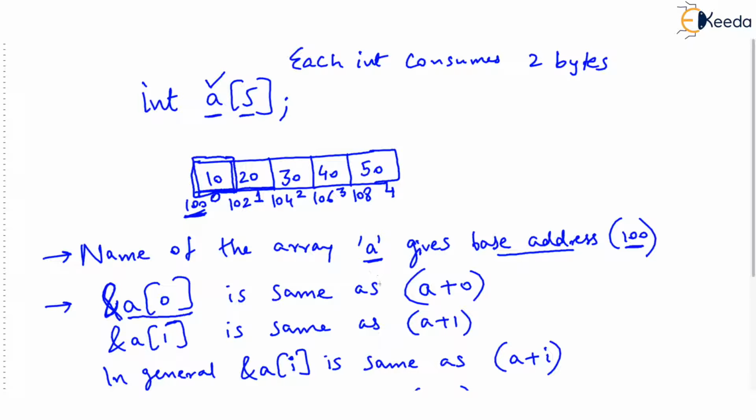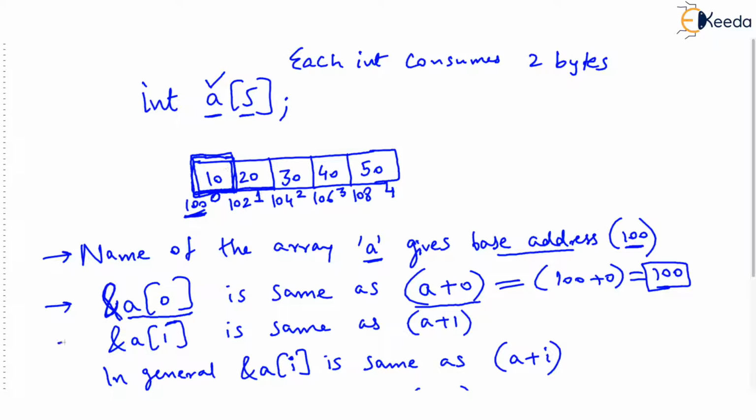But the same thing can be written as A plus 0. Even A plus 0 will give address of 0th element, because you know A itself is 100. This is same as 100 plus 0, correct? Which is 100. And this 100 indeed is the address of the 0th element. Just check. This 0th element is surely stored at the 100th location.